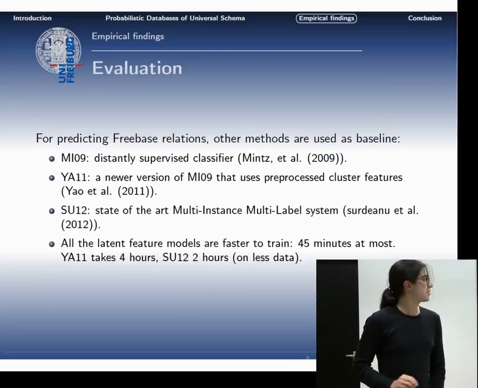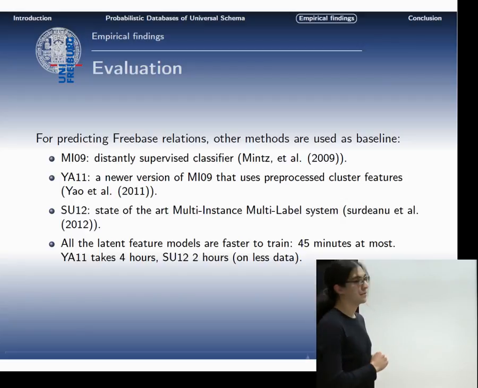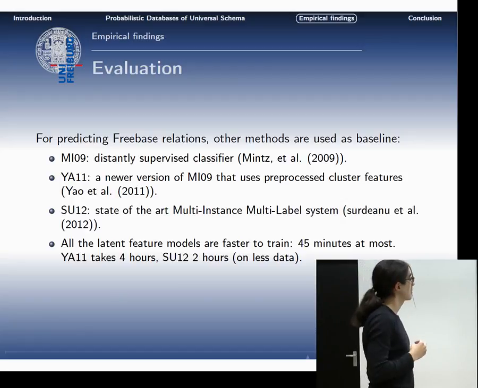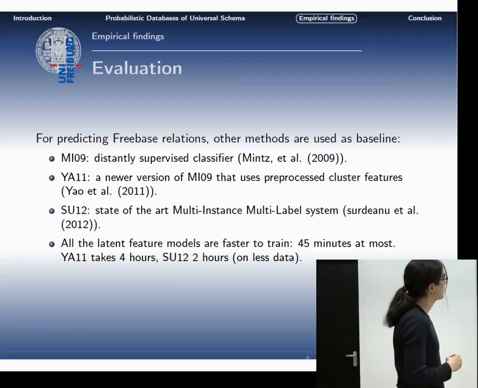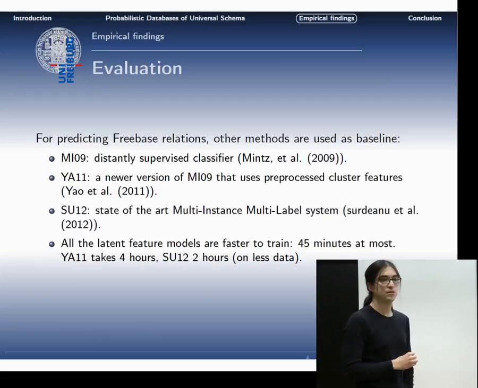As for the evaluation itself, they compared against other existing systems. A distantly supervised classifier, a newer version of this distantly supervised classifier, which uses preprocessed clustering features.